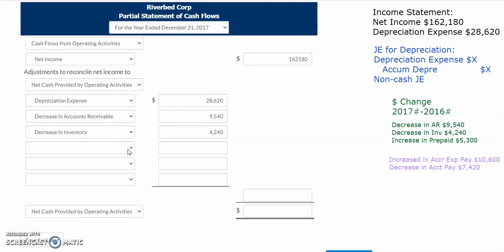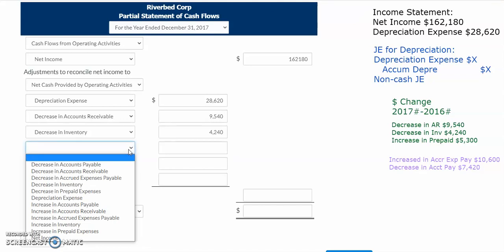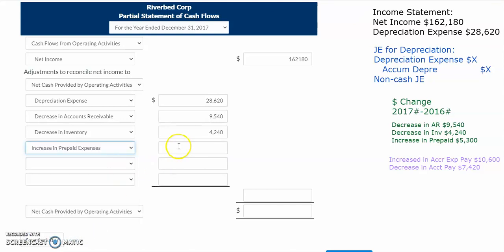And you sold it, so that means you collected cash. Then we look at our increase in prepaid expenses. And our increase in prepaid expenses means that you paid cash in advance for your future expenses. So because you spent more cash, that is going to be an outflow, and you need to subtract this amount.